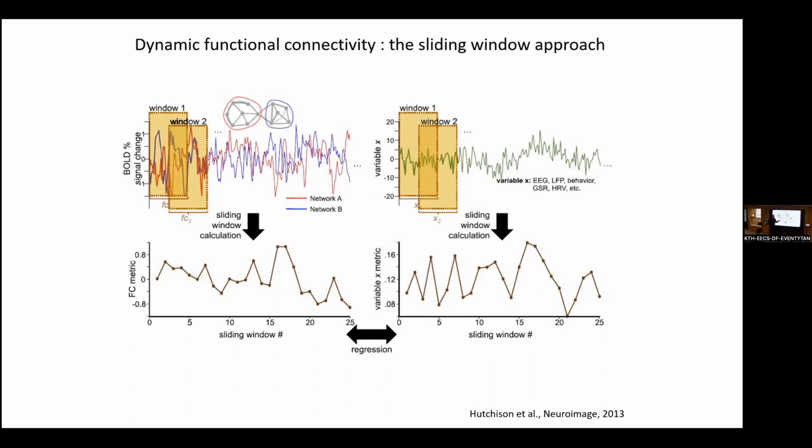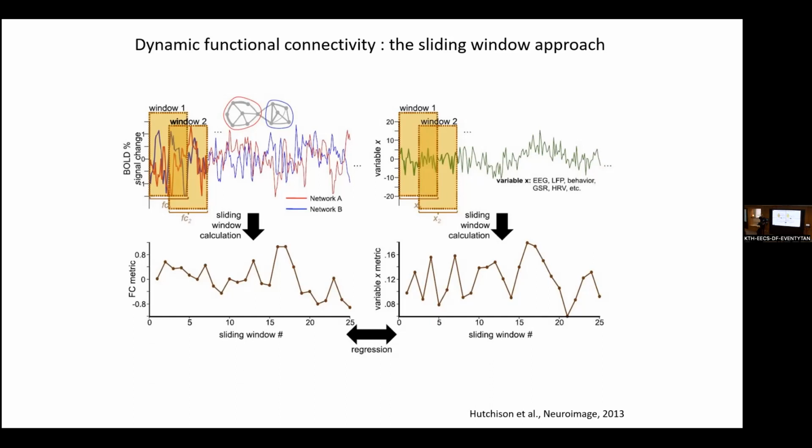And then you can just correlate or do a regression between the two to see if the fluctuation in connectivity over time between these two networks has anything to do with the changing or the variability of these behavioral variables over time.